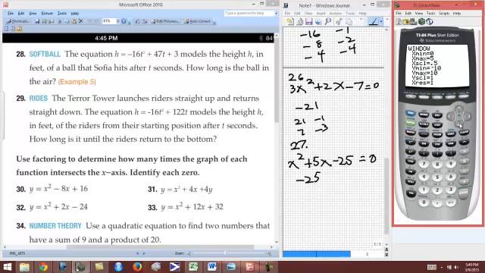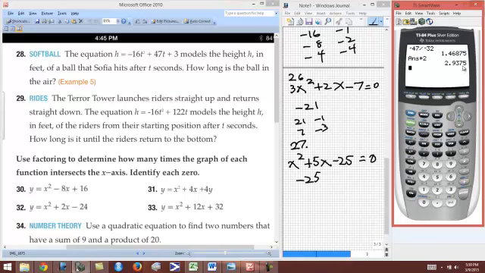Now we want to go a little bit below the y-axis because we want some space for our calculations. Let's leave it at negative 10 and see how negative 10 works out. But the max is going to be up here. It's going to go up in the air a bit. Actually, let's go back to our calculator.